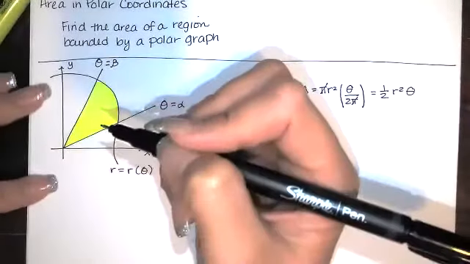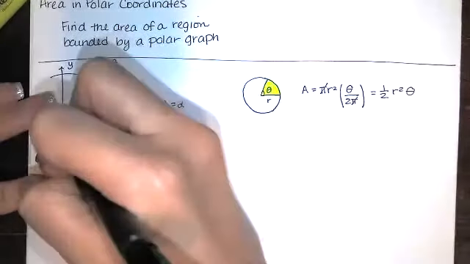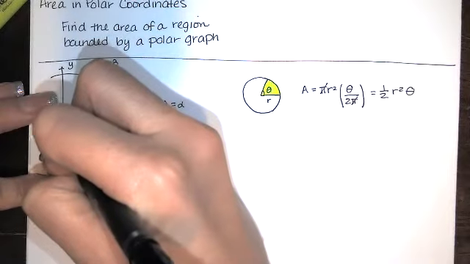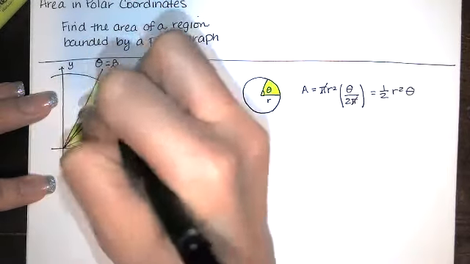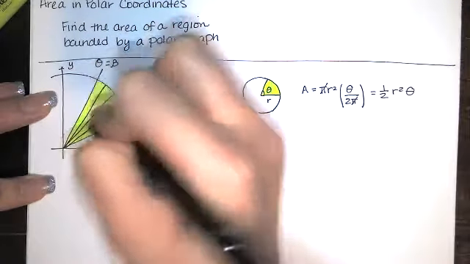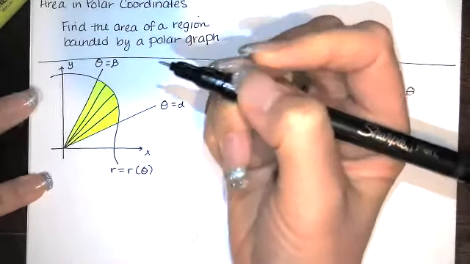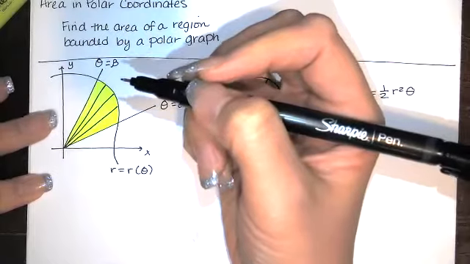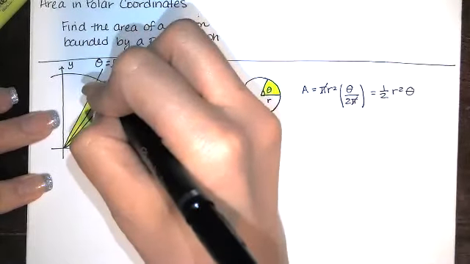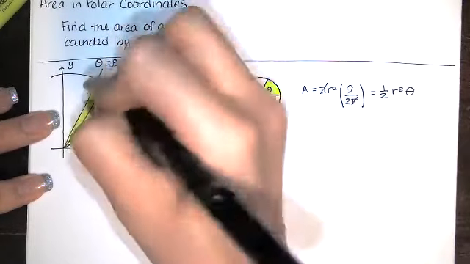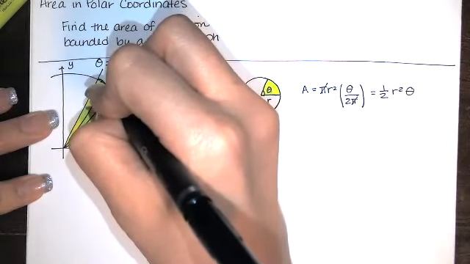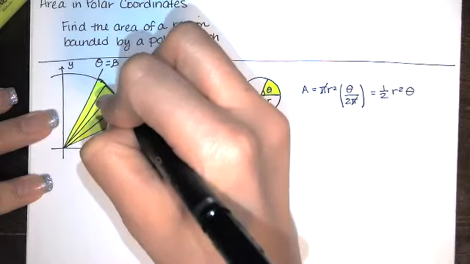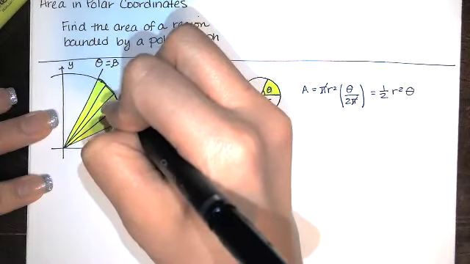So let's say we subdivide it into n pieces. Here, n's going to be pretty small. Looks like n is going to be 4. And then on each subinterval, we evaluate r of theta, and we create a little circular sector. So you pick a point, and then you evaluate.